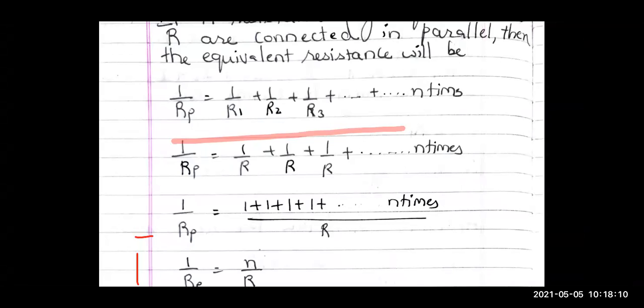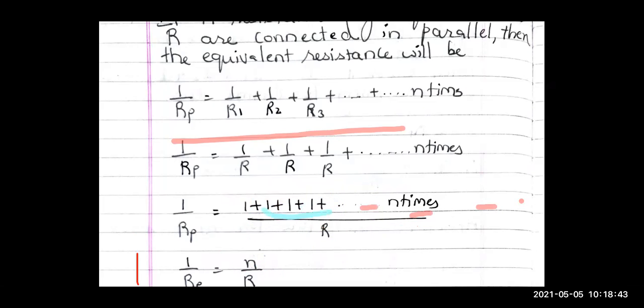Suppose such n resistors are there, and all of them have the value of R. So LCM is same, R. And at the top, how many ones? We are going to have N. If you're connecting 1000 resistors in parallel, it will be 1000 in the numerator, right? Suppose we are connecting N, so here it is N.